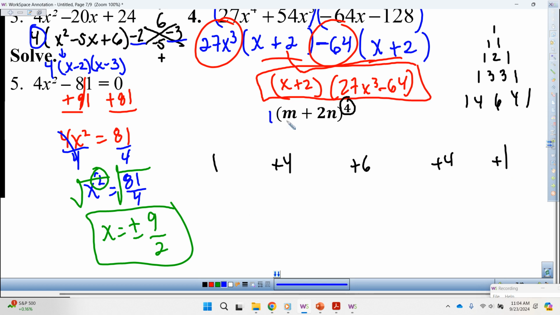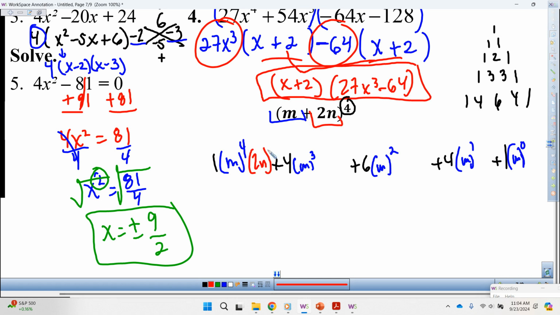Then I got m to the fourth, m to the third, m to the second, m to the first, m to the 0. Next, 2n to the 0, 2n to the first, 2n to the second, 2n to the third, and 2n to the fourth.